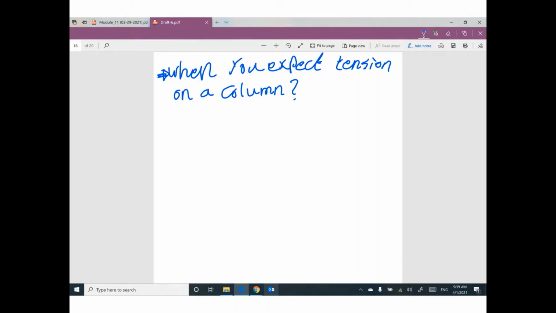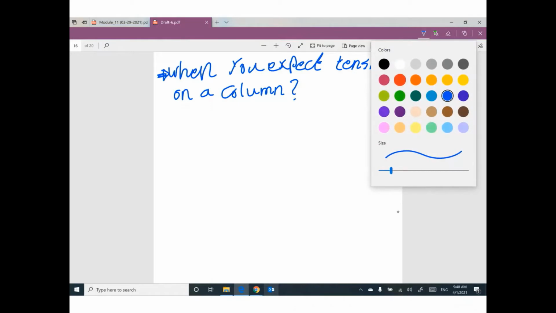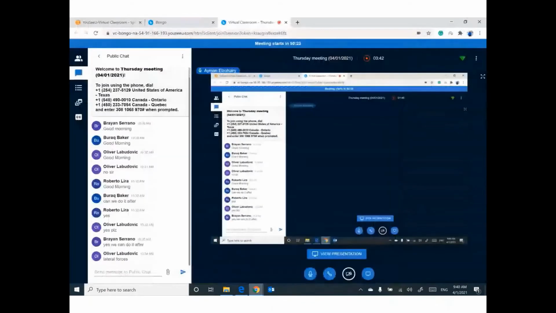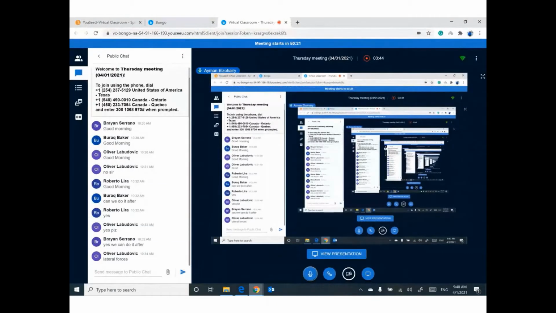You are working on your capstone project right now, and I think Burak and his group found there is a column under tension. So can you tell me when we can find a column under tension? Lateral forces.